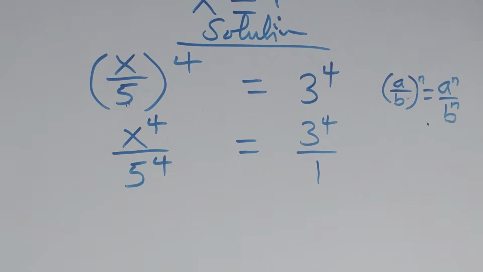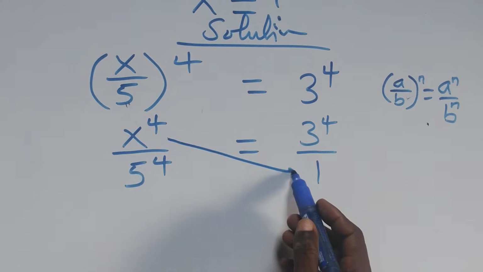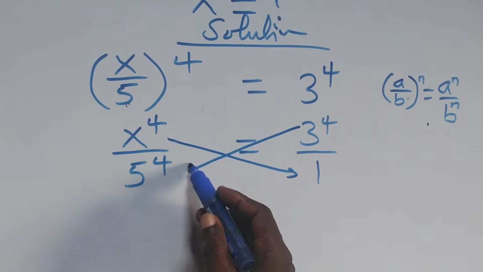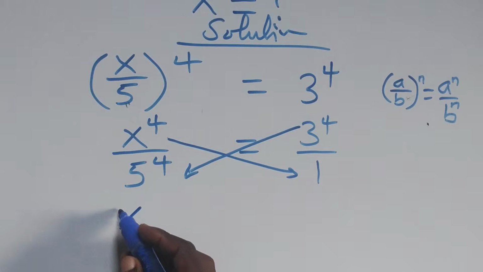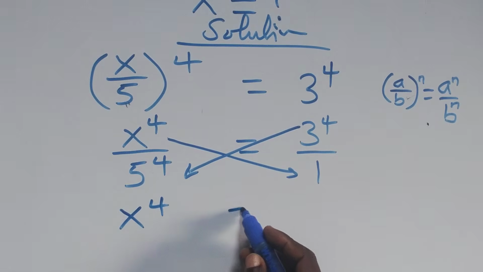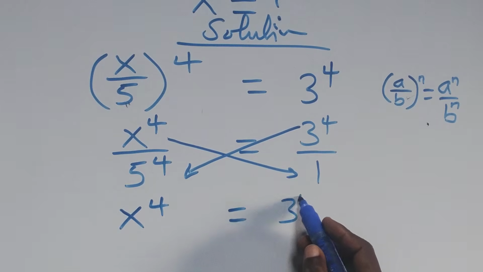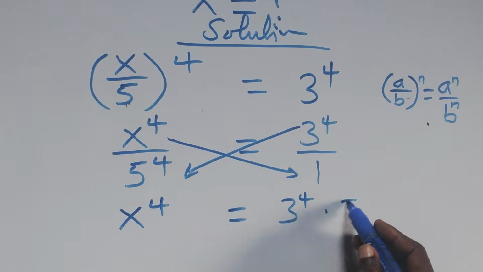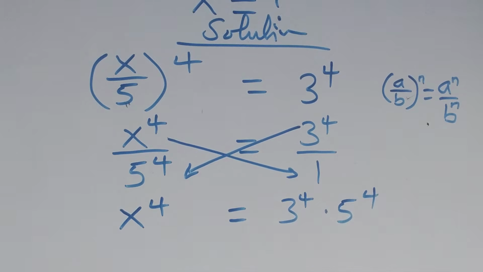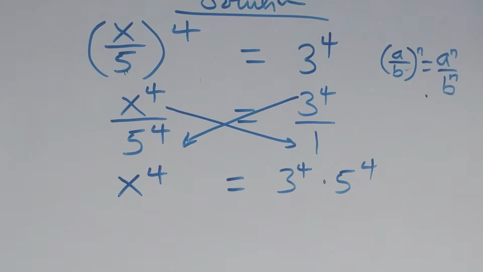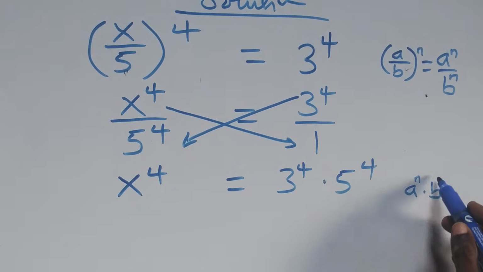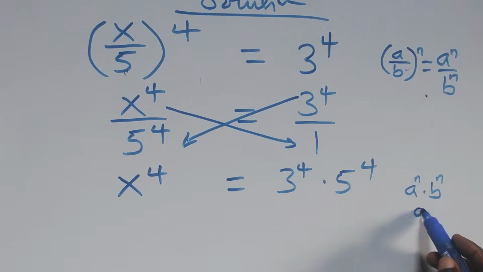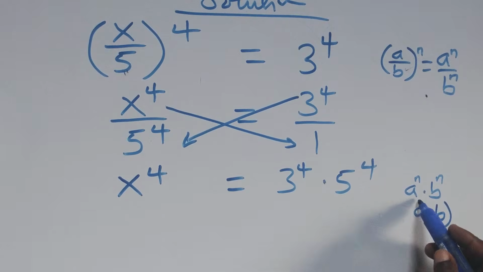Then we cross multiply here. x raised to power 4 times 1, also 3 raised to power 4 times 5 raised to power 4. That is, this becomes x raised to power 4 equals 3 raised to power 4 times 5 raised to power 4. Then recall from the law of indices, a raised to power n times b raised to power n can be written as (a times b) all raised to power n.